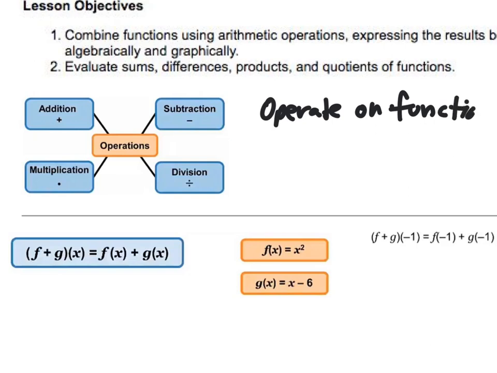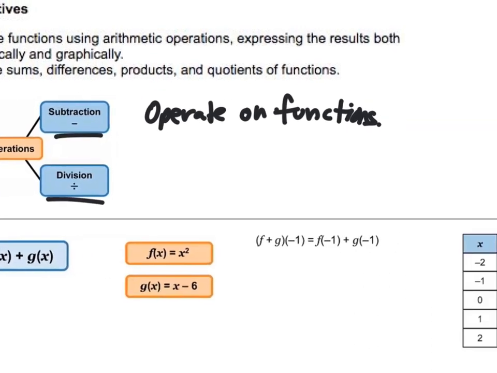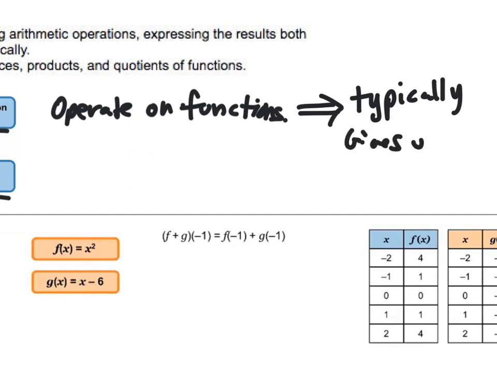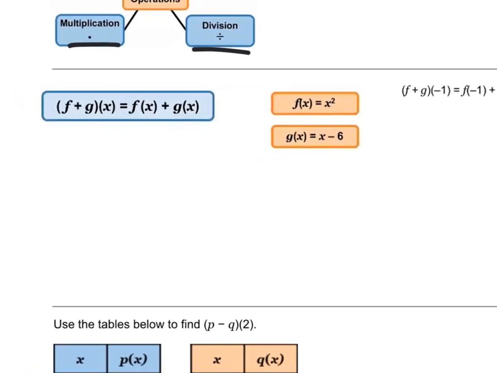We're going to be able to add them, subtract them, multiply, and divide them. And when we operate on functions, it typically gives us new functions. So let's take a look at an example of what exactly this means.